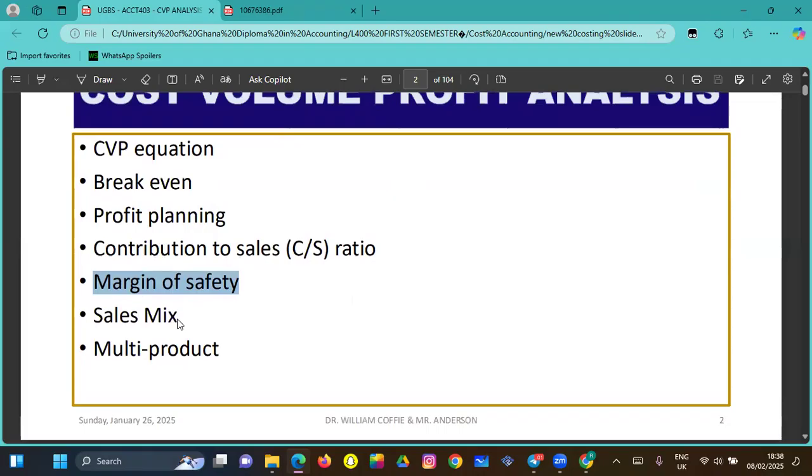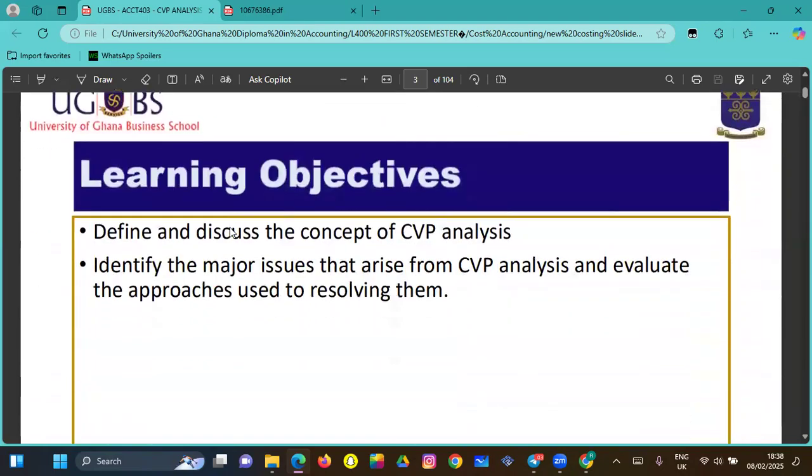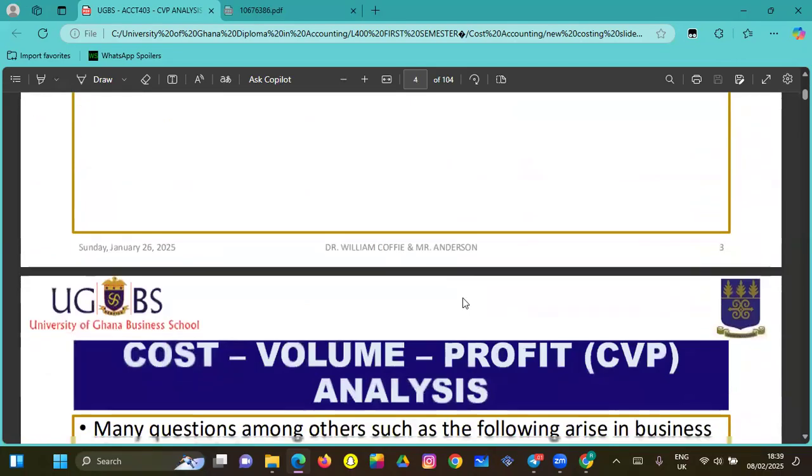We slightly talked about sales mix and the multi-product mix, but I'm not sure it will be for this semester, so we are going to treat that one next semester, God willing. Under this session, we are going to discuss and define the concept of CVP analysis, identify the major issues that arise from CVP analysis, and evaluate some of the approaches we can use to solve them.